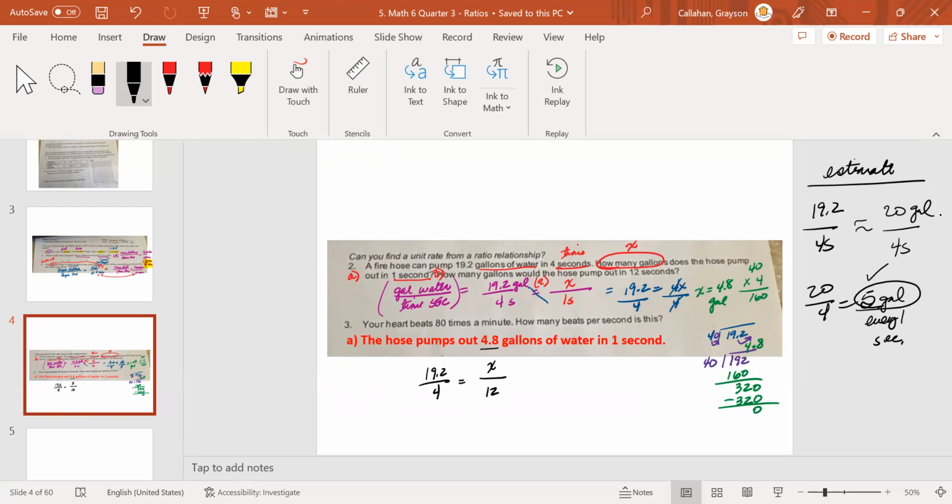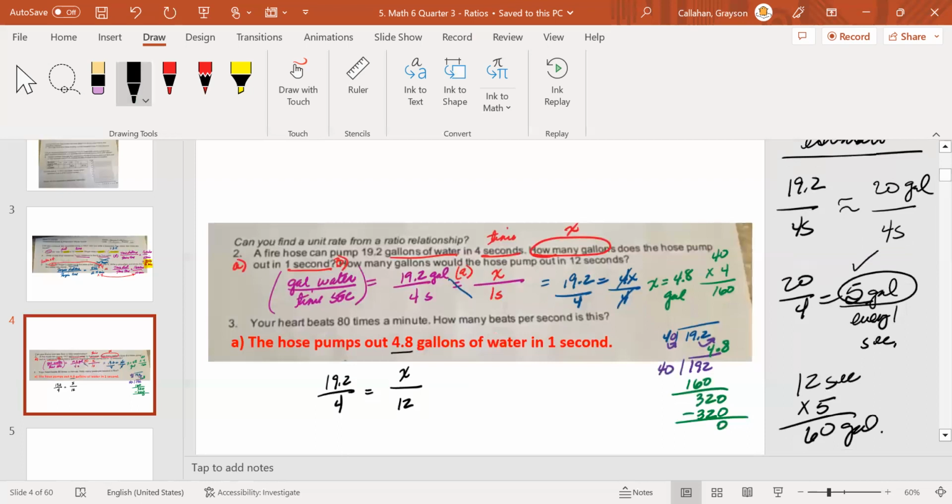Now, on the other hand, if it's 12 seconds, well, it's just 12 times 5, right? So your answer should be around how much? 60 gallons. Do you see that? Yeah. Okay. So it's good to have that estimate so you can check your work. So let's go and actually find out the actual answer. So here you get 4x equals, now you're going to do this on the side, 19.2 times 12.